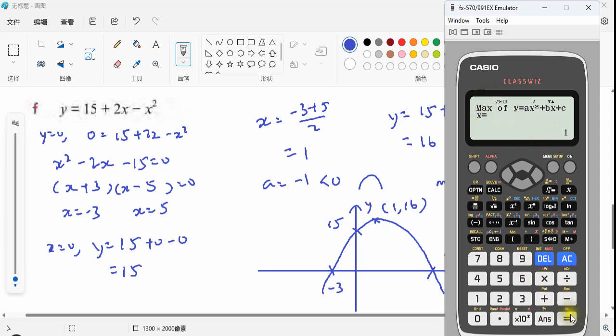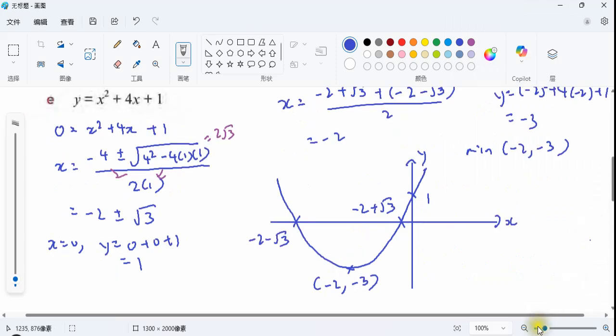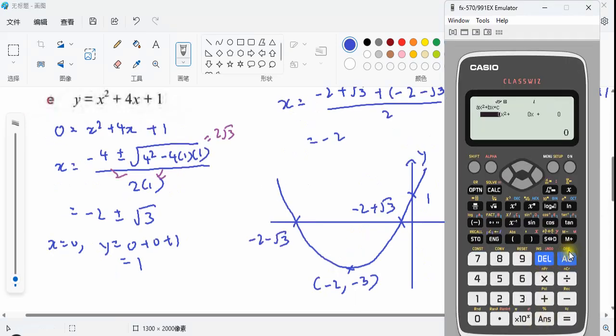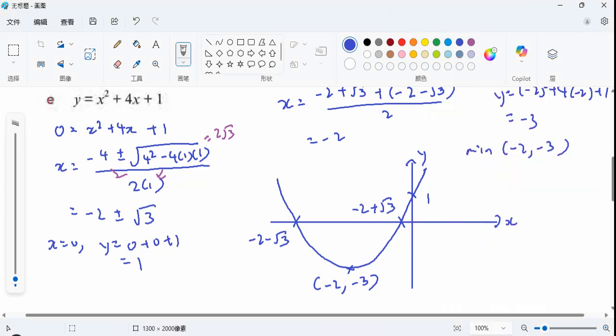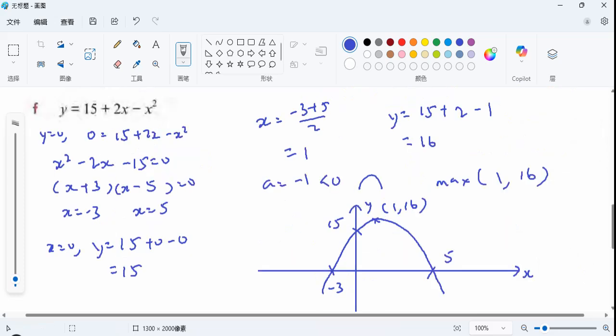Maximum when x equals 1 and y equals 16. For the previous one, we have 1, 4, 1, so the roots are negative 2 plus square root 3 and negative 2 minus square root 3. Minimum when x equals negative 2 and y equals negative 3. Yes, correct. Done.